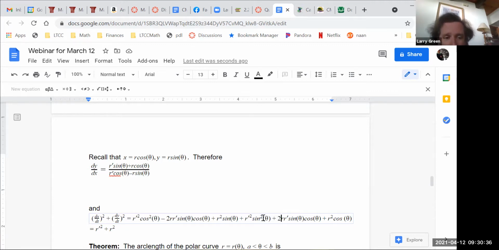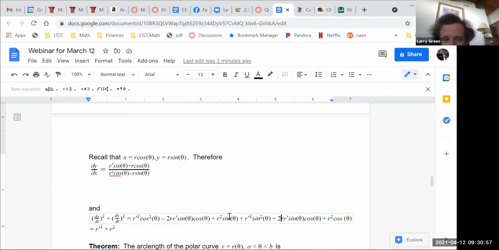What's r prime squared cosine squared theta plus r prime squared sine squared theta? The hint is it's beautiful. Yeah, it's just r prime squared, because it's r prime squared times cosine squared plus sine squared. It goes away, it's just r prime squared.